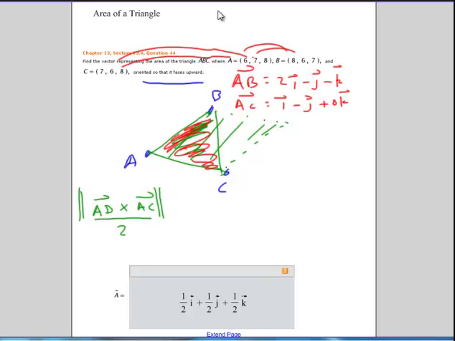So AB cross AC is going to equal the determinant with rows I, J, K; 2, negative 1, negative 1; 1, negative 1, 0.